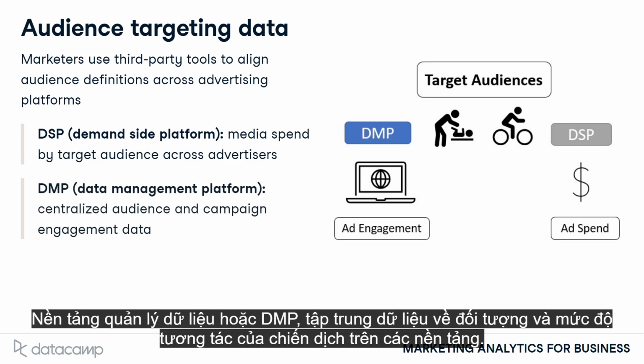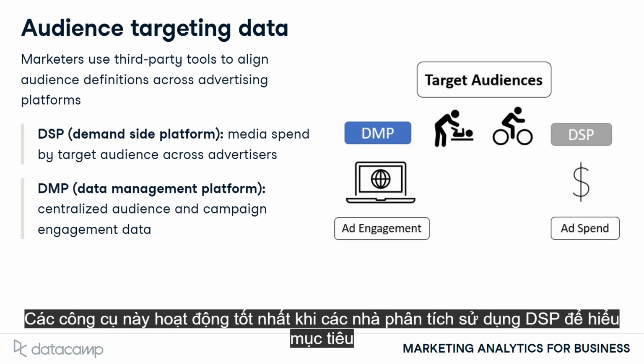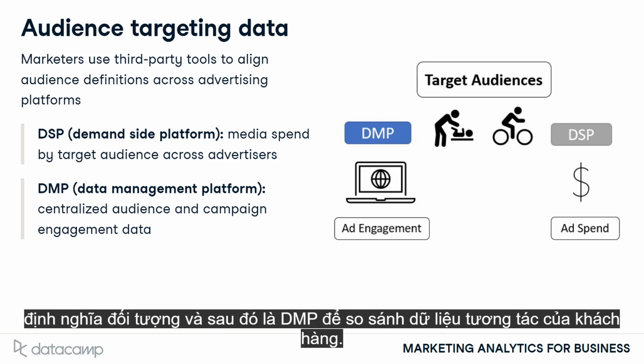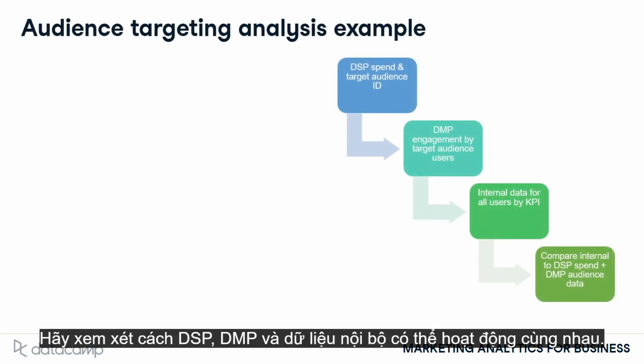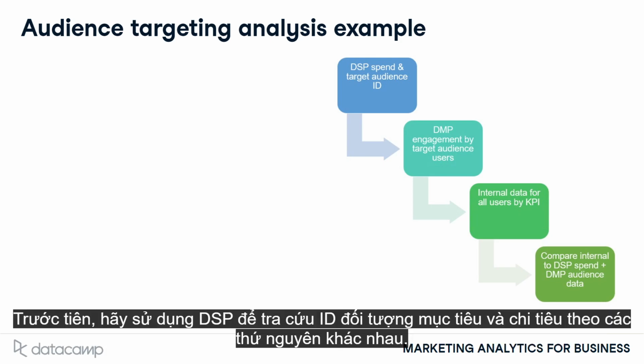Data management platforms, or DMPs, centralize audience and campaign engagement data across platforms. These tools work best when analysts use a DSP to understand target audience definitions, and then a DMP to compare customer engagement data.